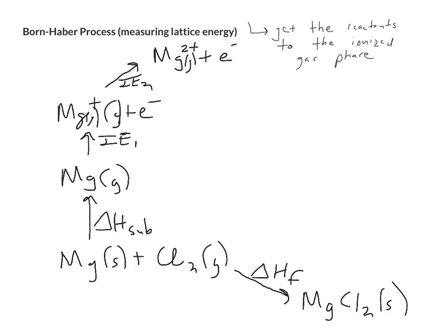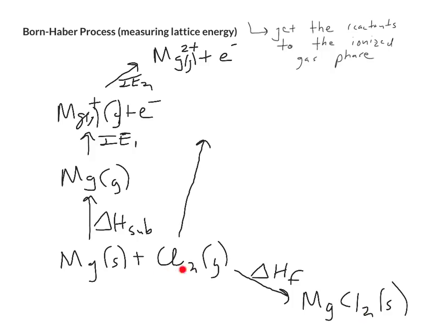So, for chlorine, here it's a diatomic molecule, a diatomic element. In the product it's two individual chloride anions.